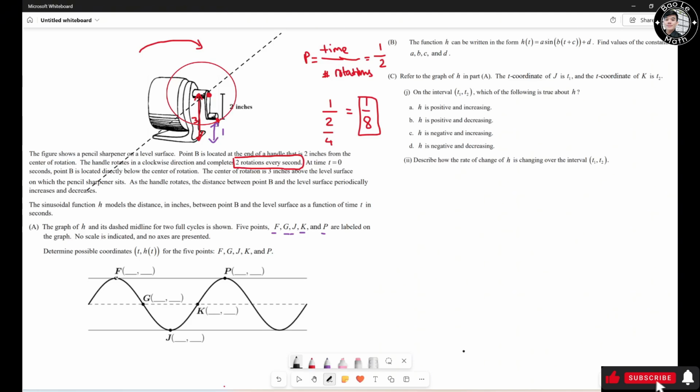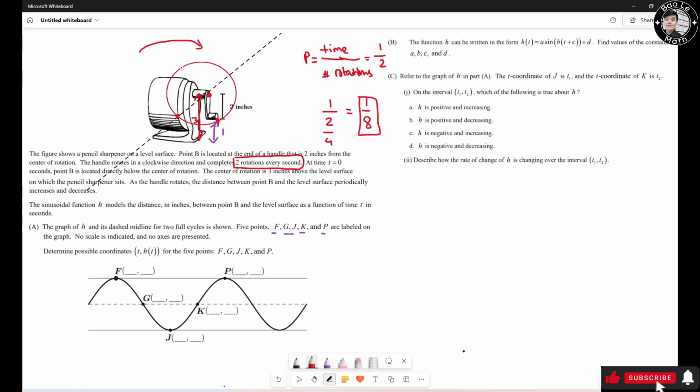Now, we need to find the coordinates of point F. So we look at this one right here. Point P right here is at the lowest point. And then after 1/8 seconds, it goes over here, which is the midline, right?